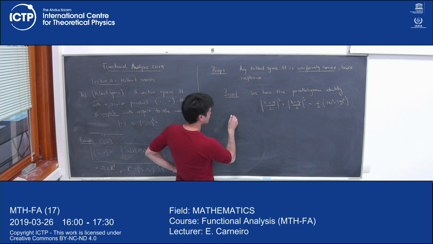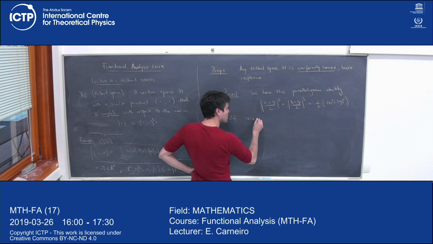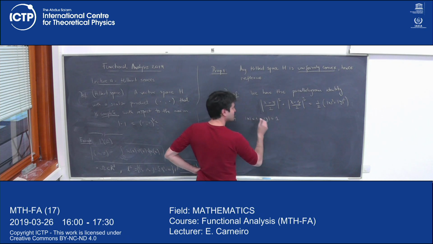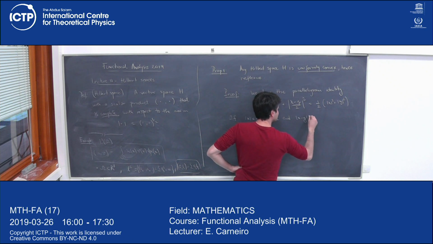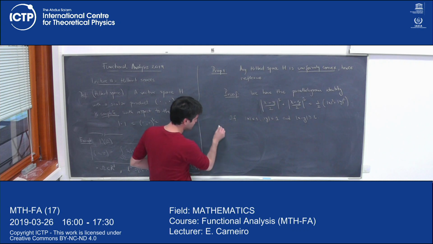So therefore, if the norm of x is less than or equal to 1, the norm of y is less than or equal to 1, and the norm of x minus y is bigger or equal to epsilon, remember to be uniformly convex you want the ball to be round.